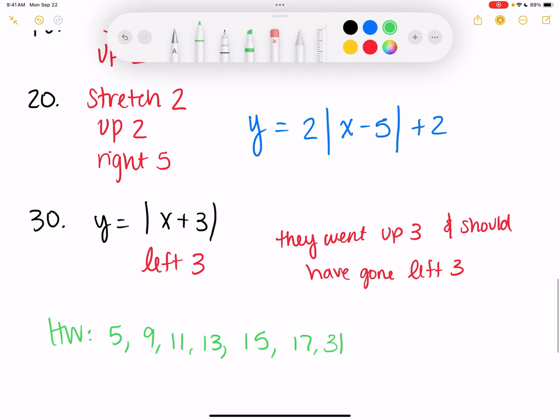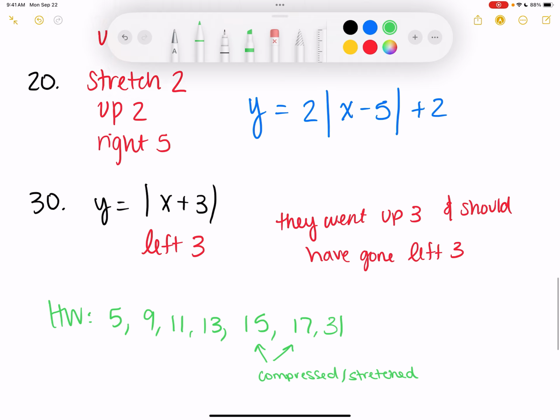Now what I'm going to tell you is both with 15 and 17, they are either compressed or stretched. So you will need to look at the slope to figure out what it is to get that value.